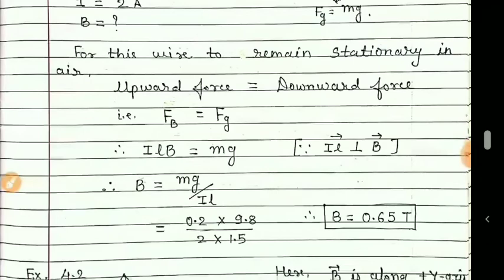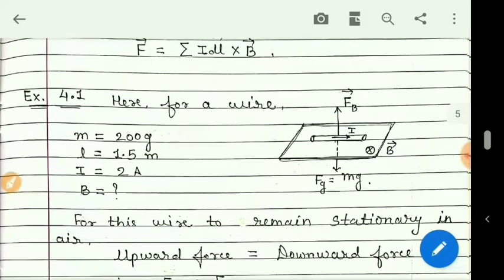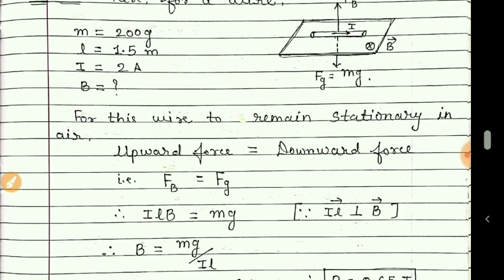So here we have taken that because it is given in the figure that this current and the magnetic field are perpendicular to each other. Magnetic field is moving in a downward direction which is normal to the plane, and so it is perpendicular to the current carrying element.